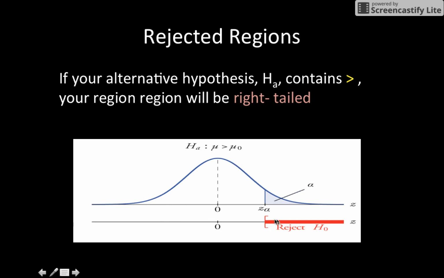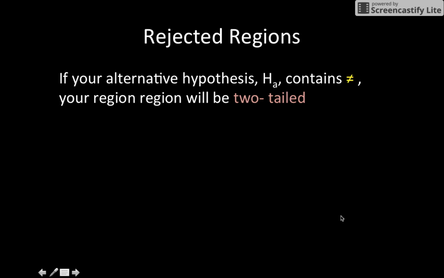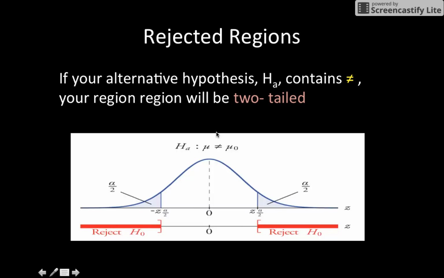And if H sub A contains a not equal to, your region will be two-tailed. So you're going to have one negative and one positive rejected region.